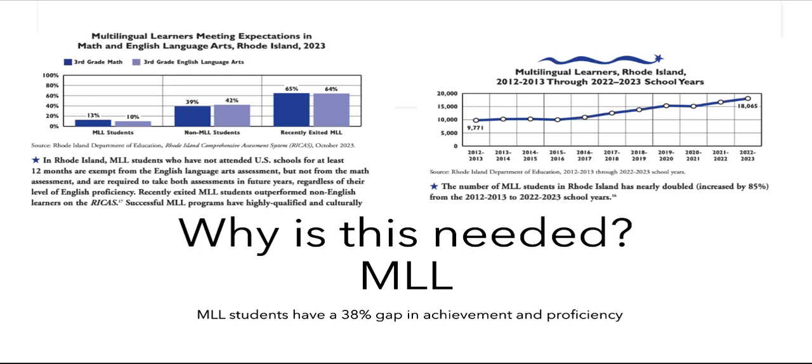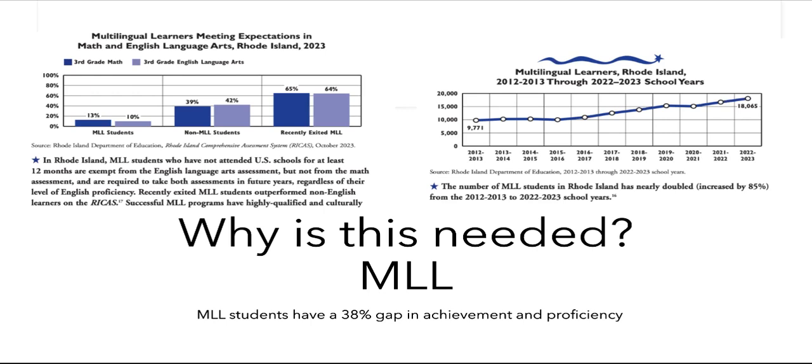student population in Rhode Island has increased significantly in the last 10 years. If we take a look at our graph on the right, we can see that the number of MLL students has increased to almost double the number that it was in 2012, 2013, than it is in 2022, 2023.